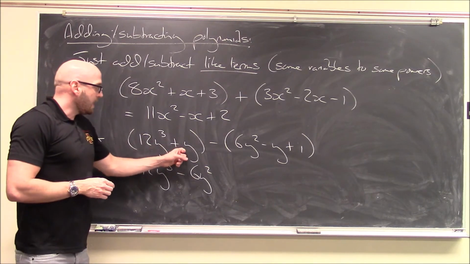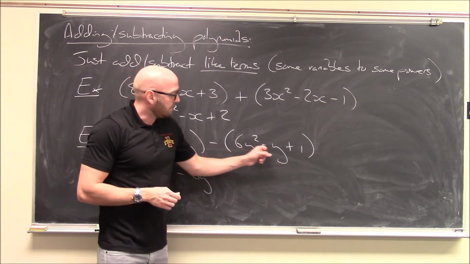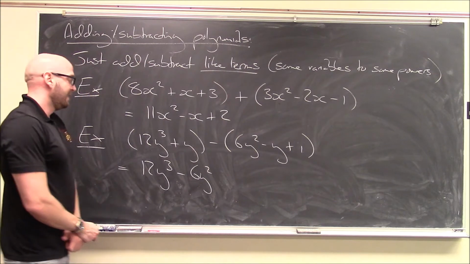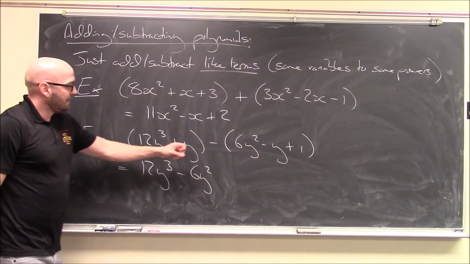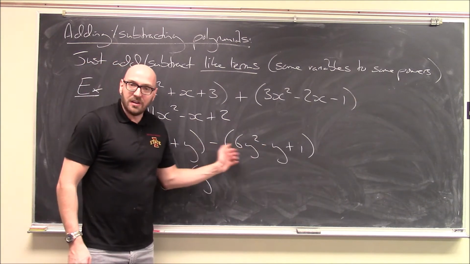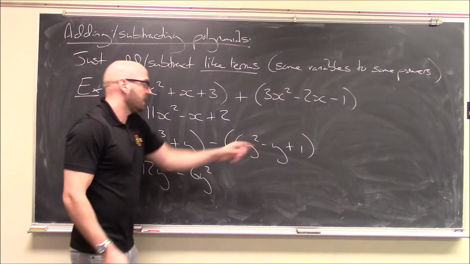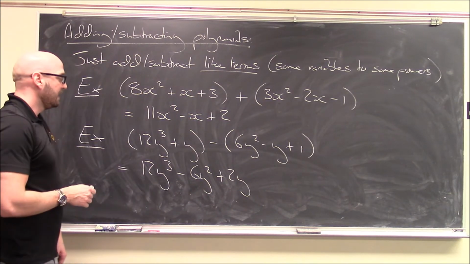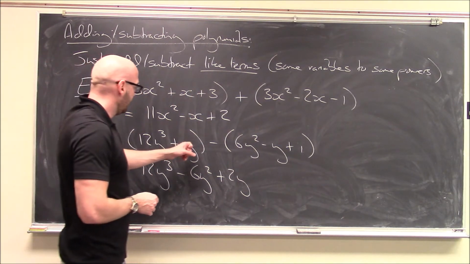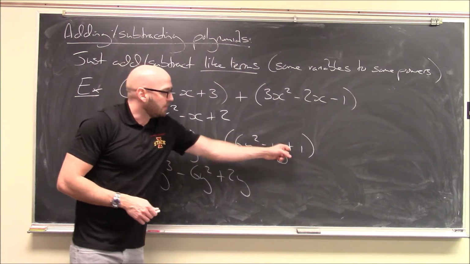Then I've got y minus y. So how many y's do I have? Minus minus y, minus minus becomes plus, so this is y plus y, which is plus 2y. And last but not least, I've got 0 minus plus 1.